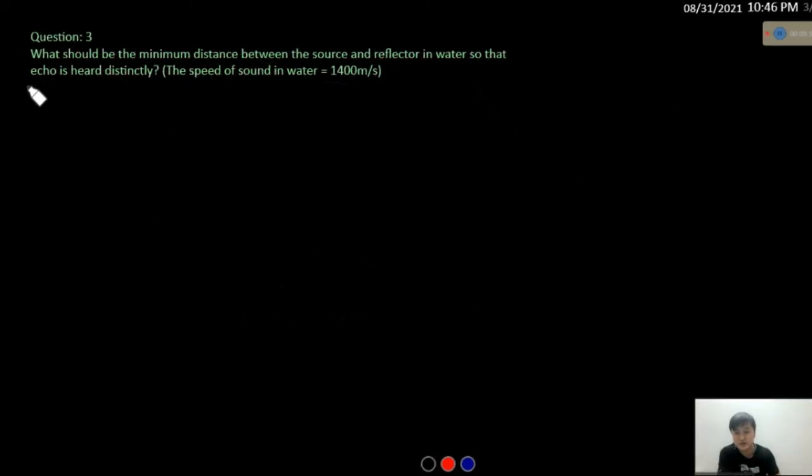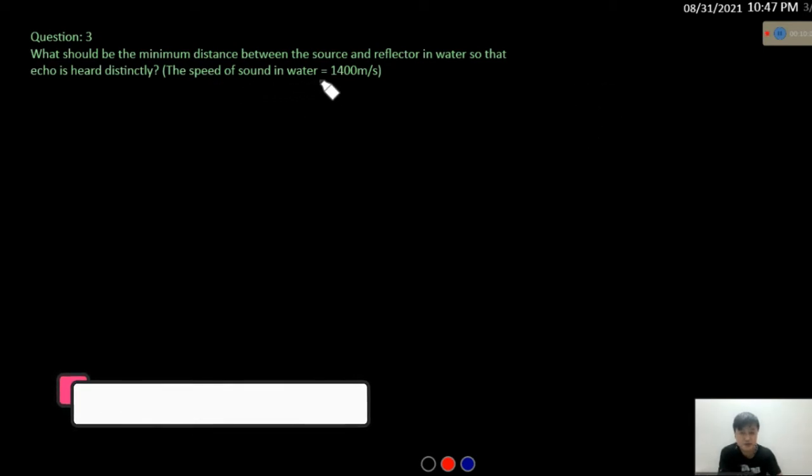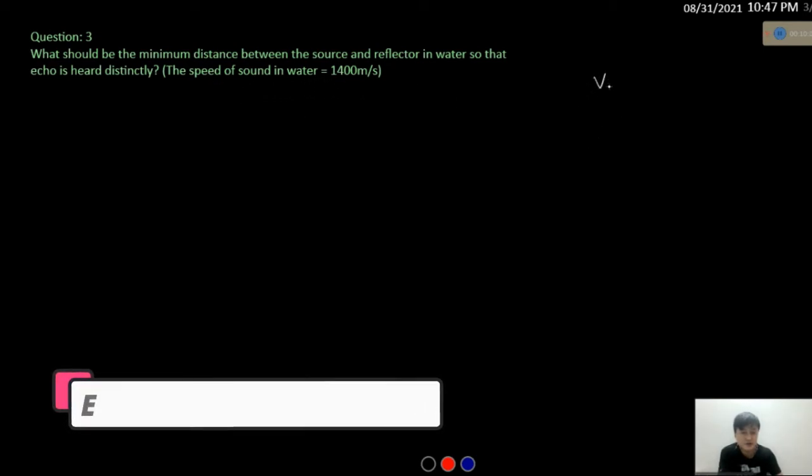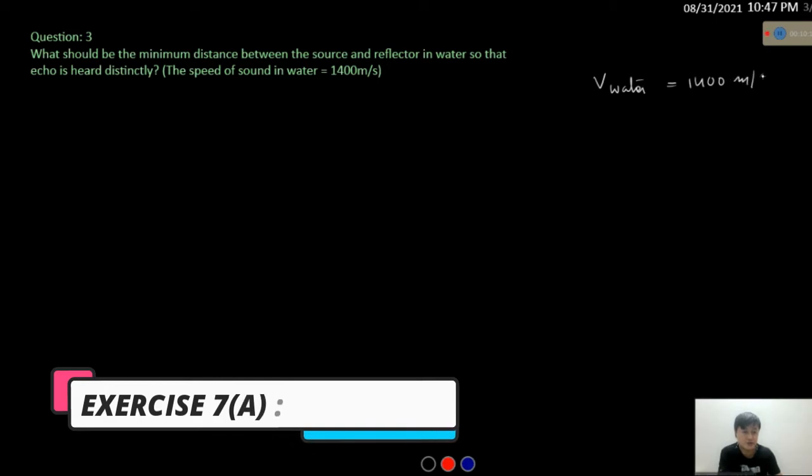Now we move on to the third question. What should be the minimum distance between the source and reflector in water so that the echo is heard distinctly? The velocity of the sound in water is given as 1400 meter per second.